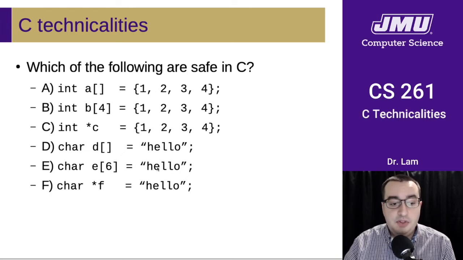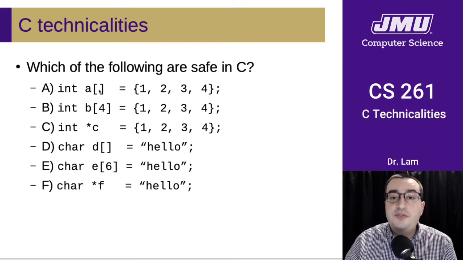You may look at this and say, well, this is 5 characters, and that still fits, because remember, 5 plus the null character still fits inside of a 6-character array. So that's fine. The other 2 here that shouldn't feel too worrying are the ones where we don't actually specify a size, but we still specify that it's an array. So here and here. And those are fine too.